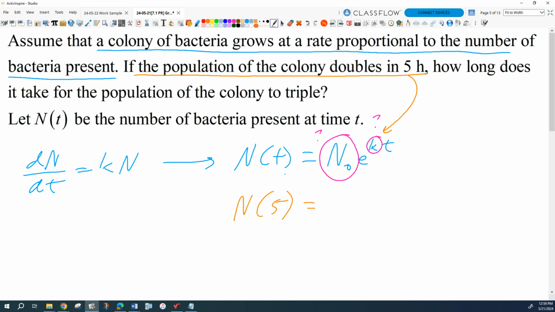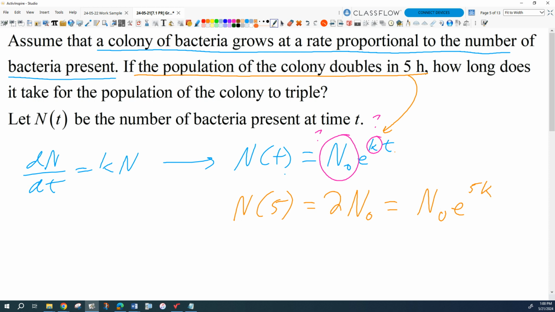What do we call the original population? N naught. So it'd be 2N naught. And we have a model for this. All we have to do is solve for k in our original equation. The value of t is 5. N of 5 is just N naught times e to the 5k, because I'm plugging 5 in for t in my function.